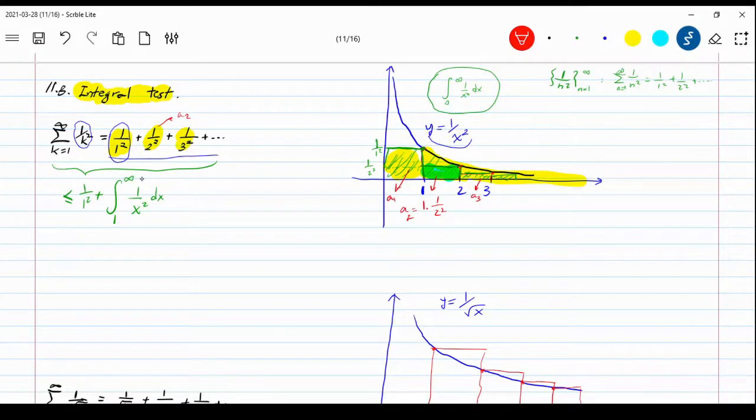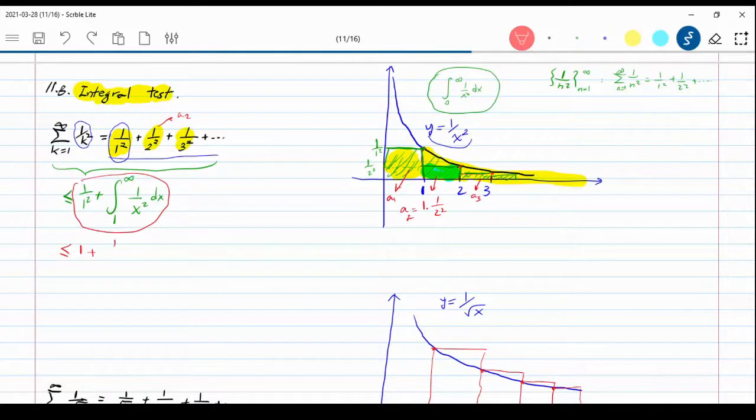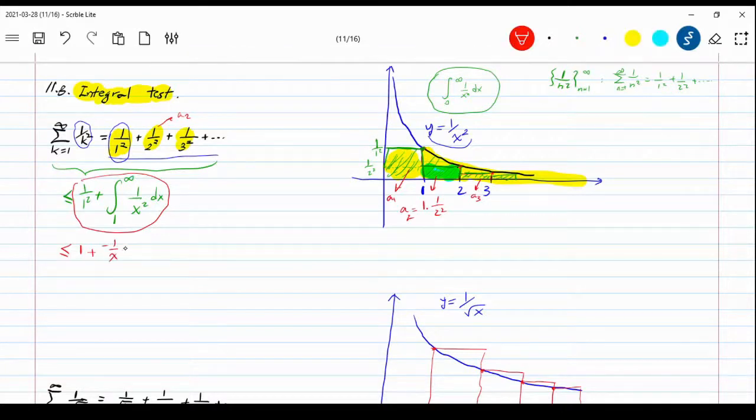So basically, what we can say is, if this integral exists, then this summation must exist also because it's smaller than that. So I can say this is less than or equal to 1 plus, since 1 over 1 squared is simply 1, the integral from 1 to infinity of 1 over x squared, which would be negative 1 over x, evaluated from 1 to infinity.